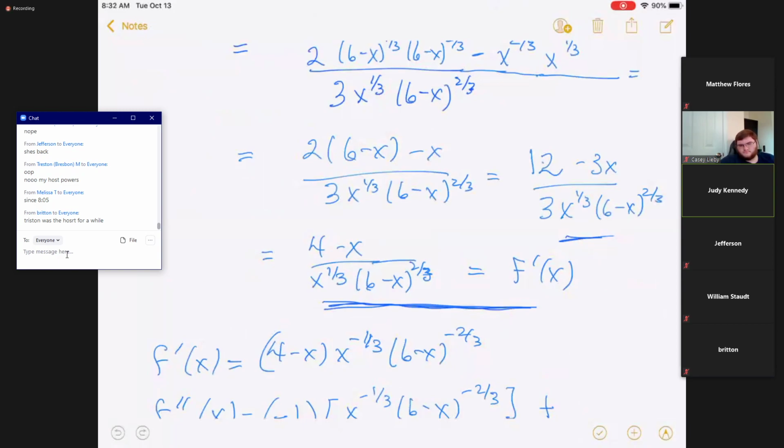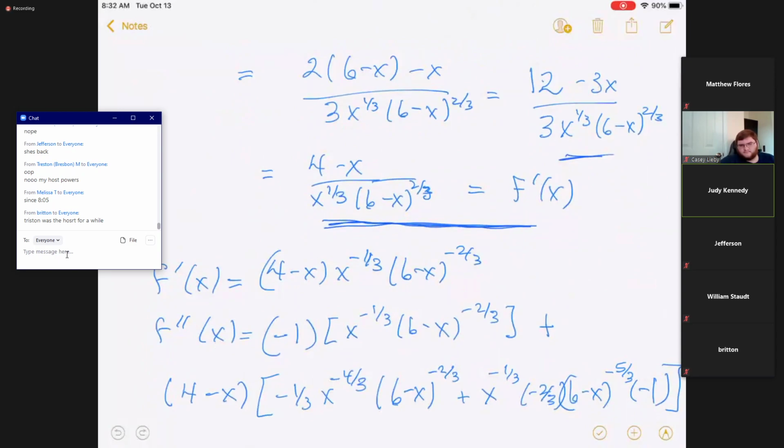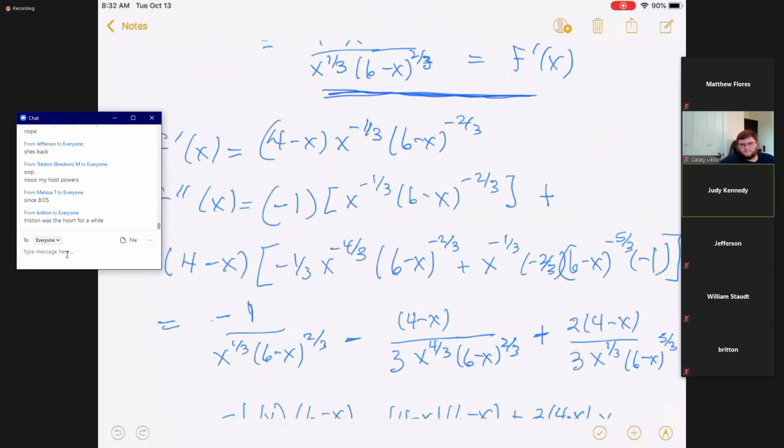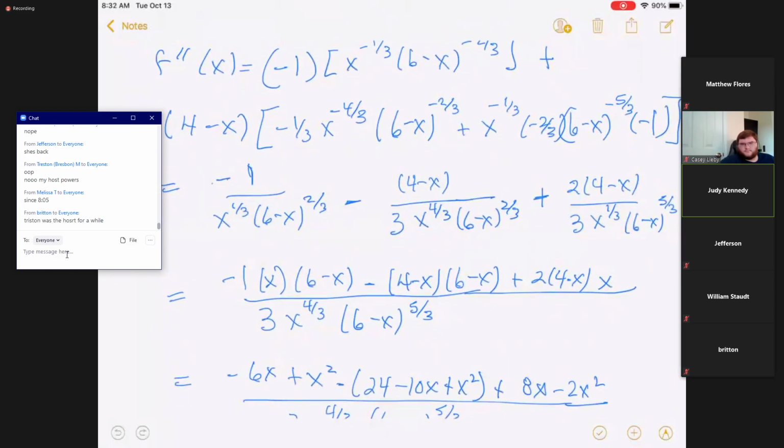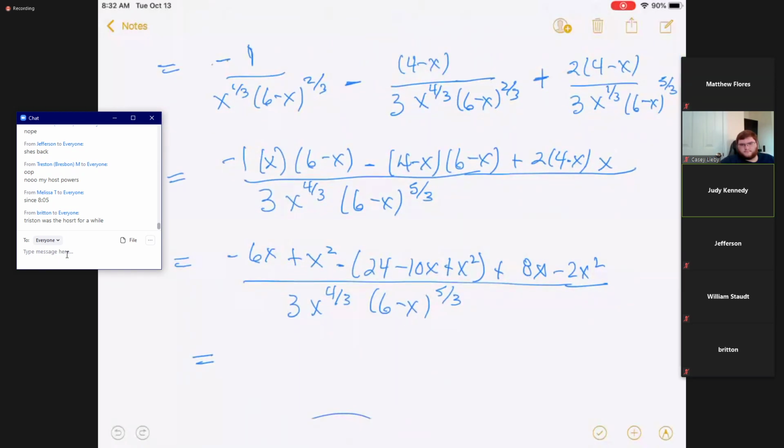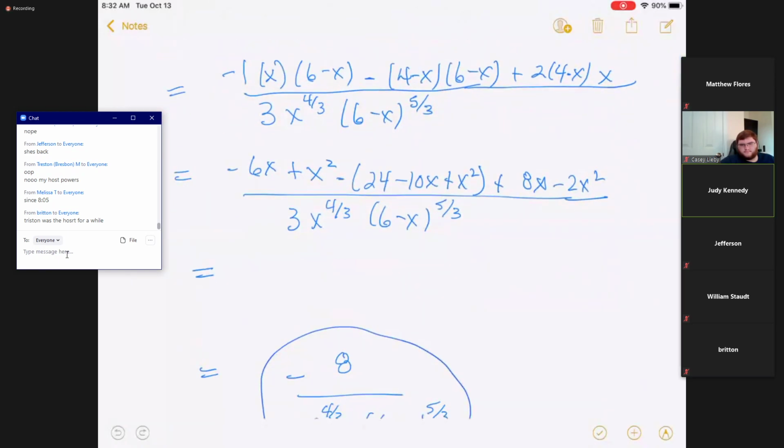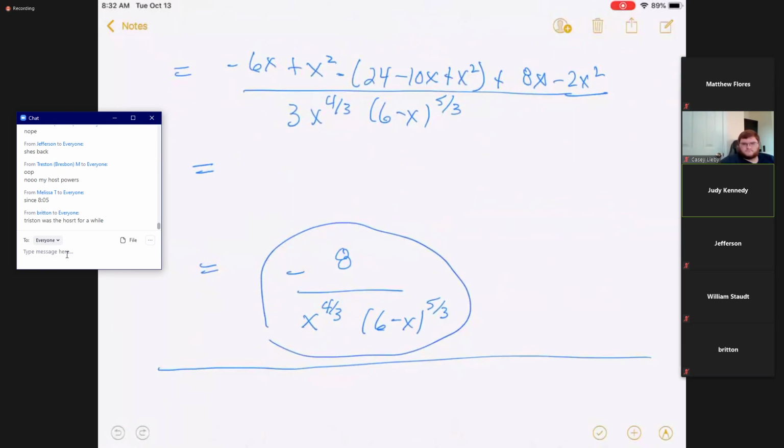Then we need our second derivative in a nice form. I was working on that this morning, made an error someplace and couldn't find it. I was hoping I'd have time to go through it with you all to find that error. But the second derivative in a nice form is minus 8 over x to the 4/3 times (6 minus x) to the 5/3.